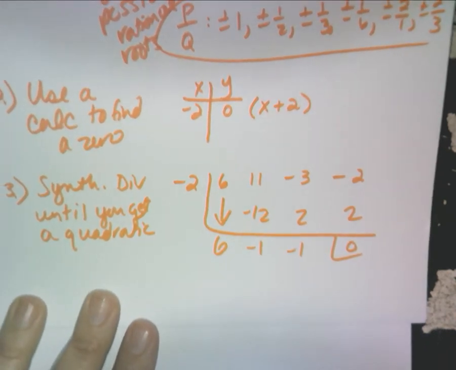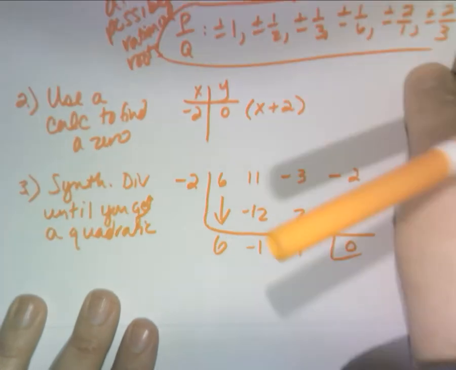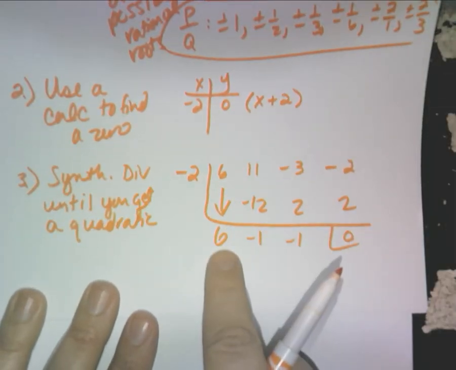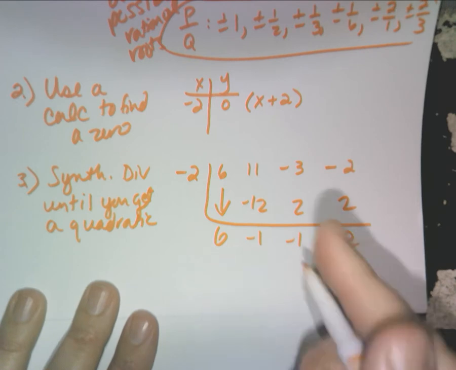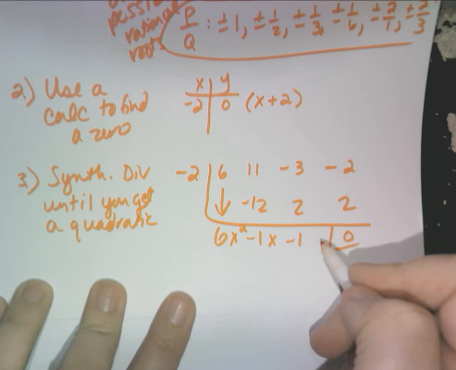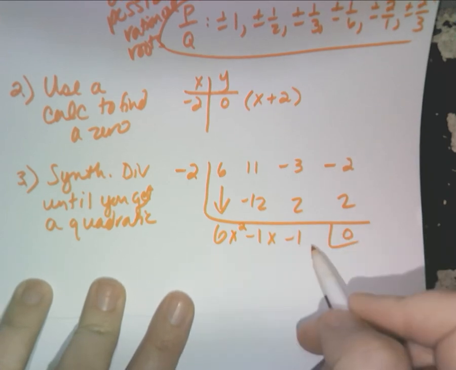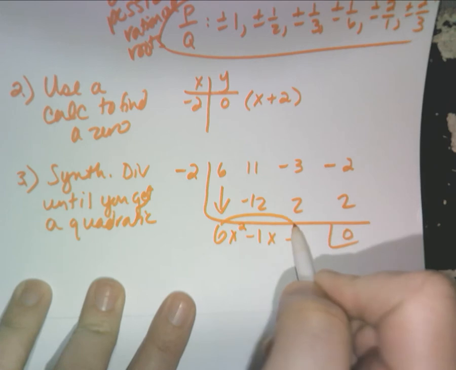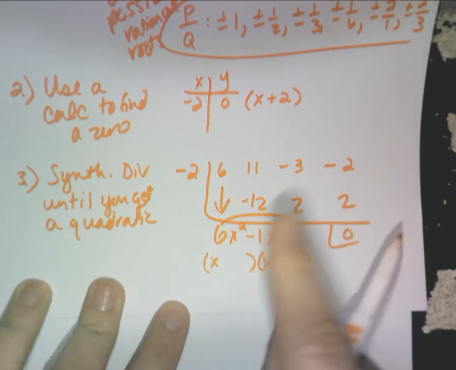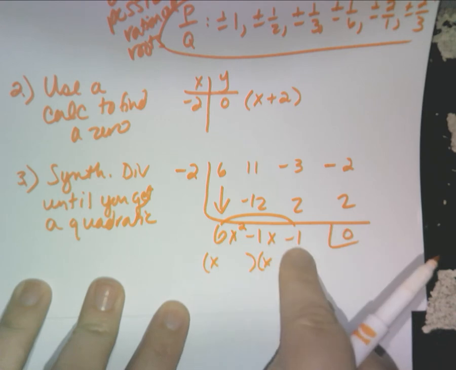This is what you did last night for homework. Okay, now, question. 6 is now the coefficient of x to what power? Squared. 6x squared plus x minus 1. This can be factored. If you don't know how to factor, you better know how to factor. 6 times -1 is -6.